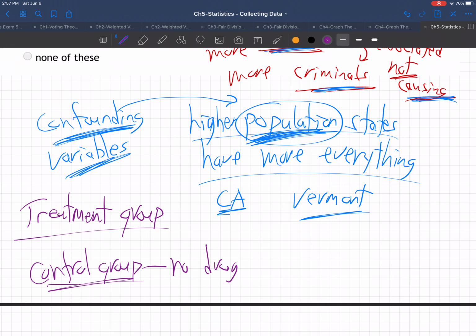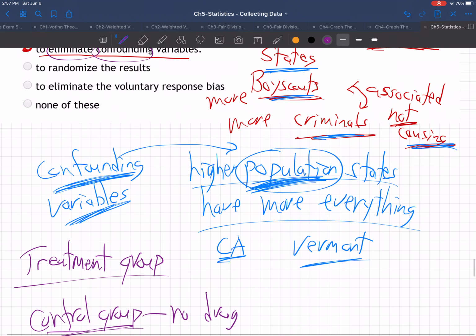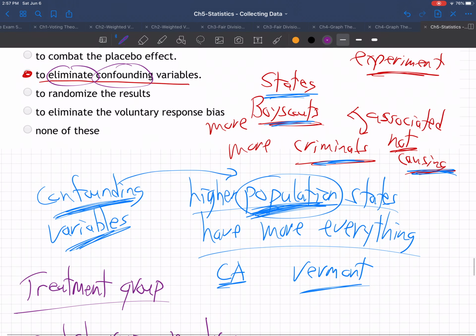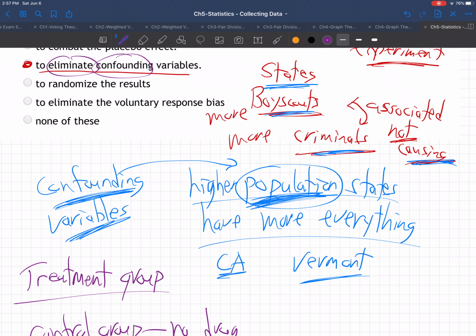You give it to one group and not to the other, and then you see if there are different results. If the results come out different, then you know the treatment is making the difference, because that's the only thing different in those two groups, right?